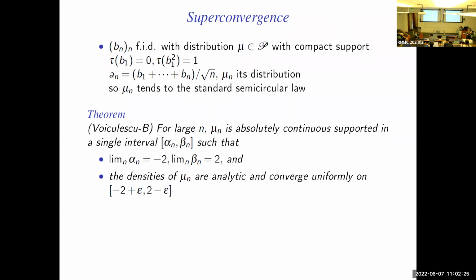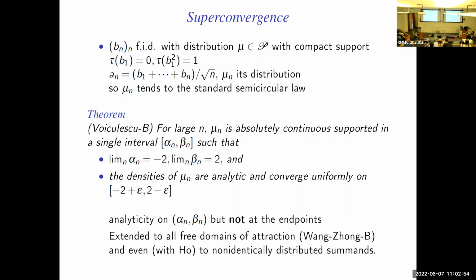So this is a result that Voiculescu and I proved some time ago. And the analyticity at the points alpha n and beta n, of course, doesn't hold, because this distribution really will look like a semicircle. So the density will hit the real line at a 90-degree angle from a certain point on. So that's the situation there.